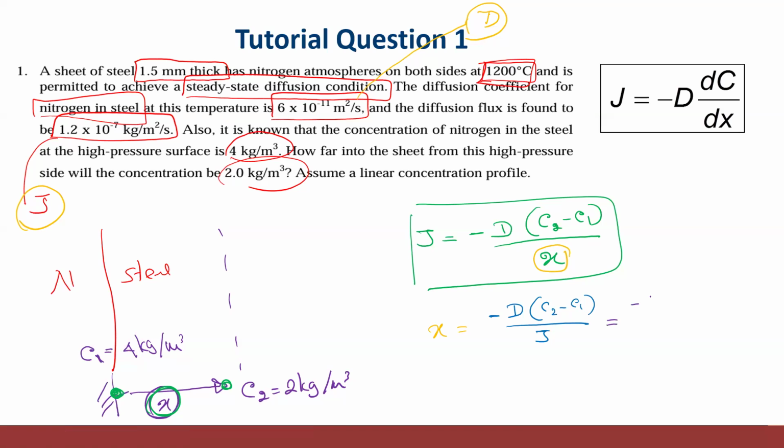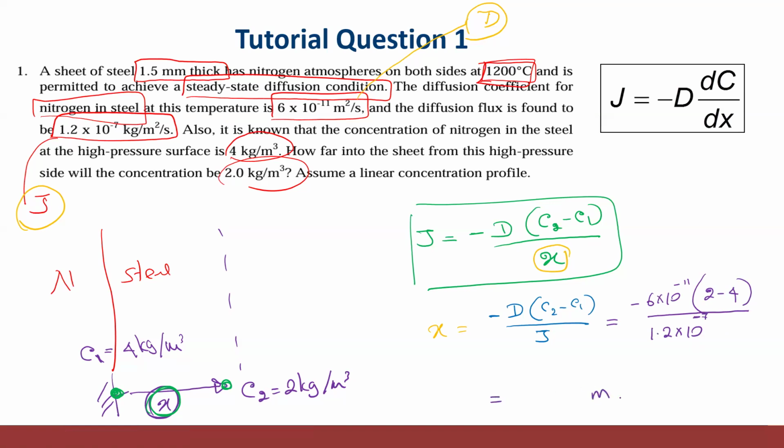So that will be 6 times 10 to the negative 11, times 2 minus 4, divided by J, which is 1.2 times 10 to the negative 7. I didn't put any units, but units will cancel out and your answer will be in meters.